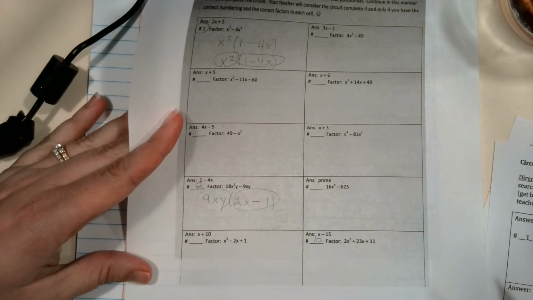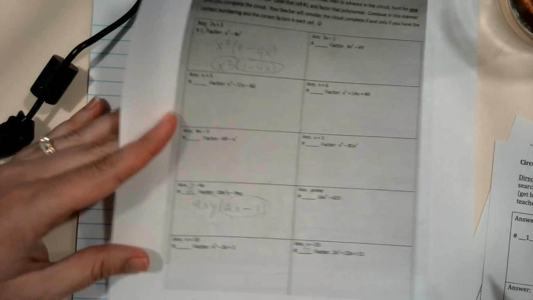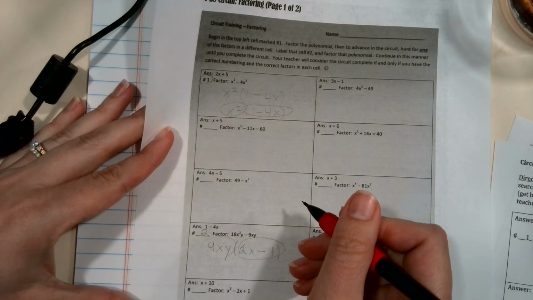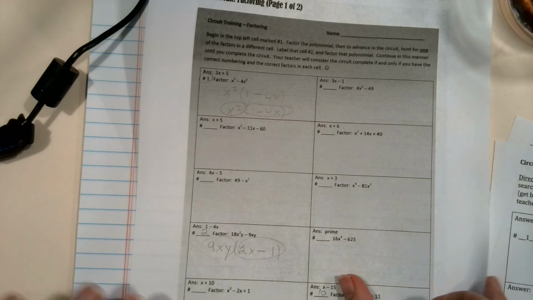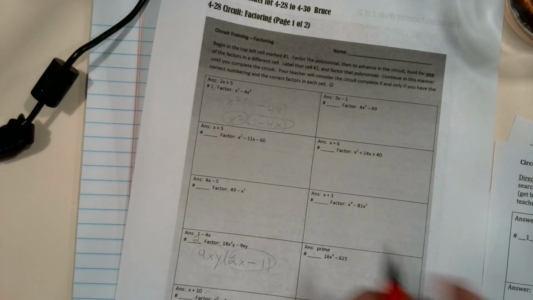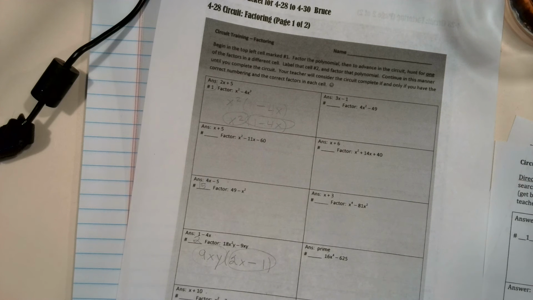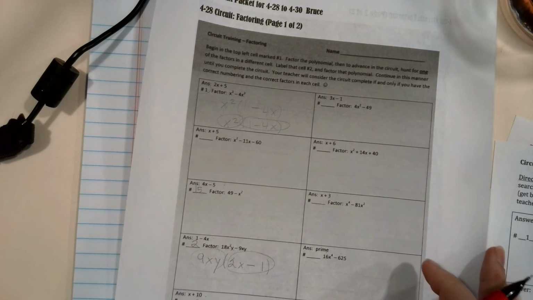Just to keep you on the right track. And the 49 minus x squared, this is number 15. That way you'll know you're on the right track for each of these as you go forward through them.